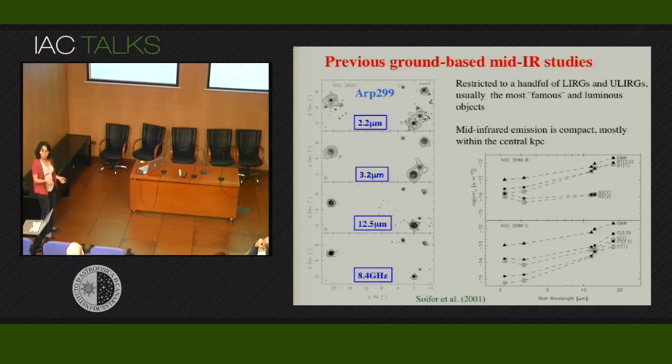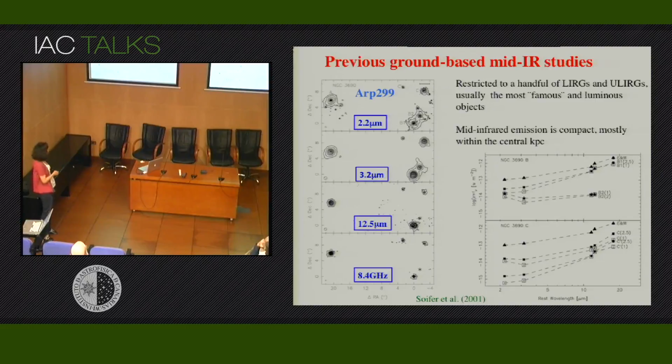So in the past, there haven't been too many mid-infrared imaging studies of local LIRGs. Most of the studies were done with Keck a few years ago by the Soifer group. But they mainly concentrated on LIRGs and ULIRGs, usually studying the most famous objects and in general the most luminous ones. So here I'm just showing an example, Arp 299, which is a very famous LIRG. It's an interesting galaxy.